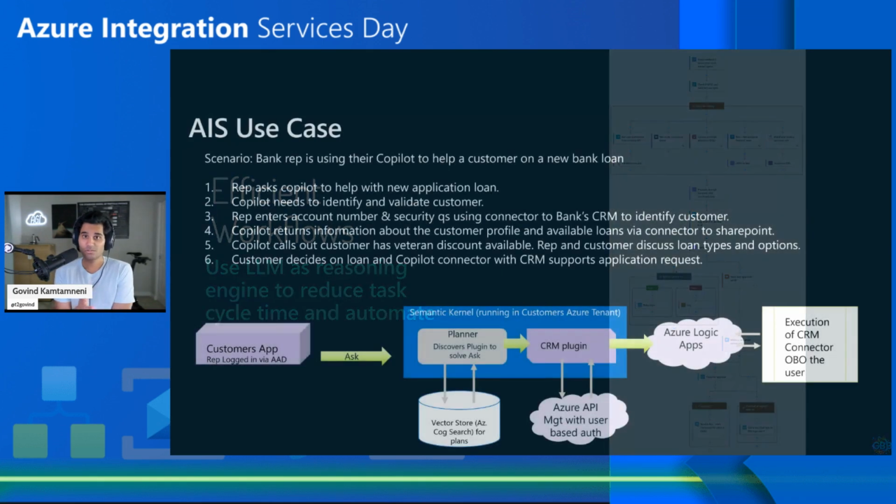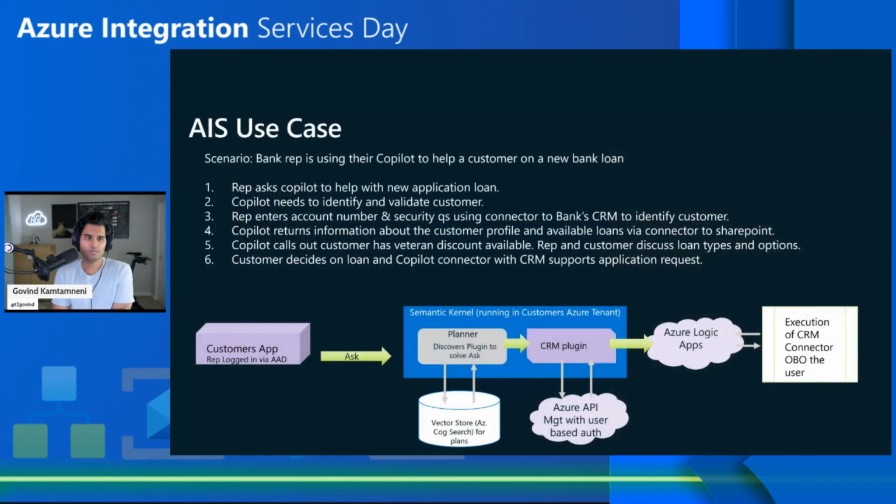There are actual use cases too that we see here. This is another one from a bank, where again they're using the Semantic Kernel orchestrator. I think I'm running out of time, so I'll try to go a little bit fast here. What you see here is a bank representative using their Copilot to help a customer with a new bank loan. This is similar to that customer service rep helping a user answer a support-related question.